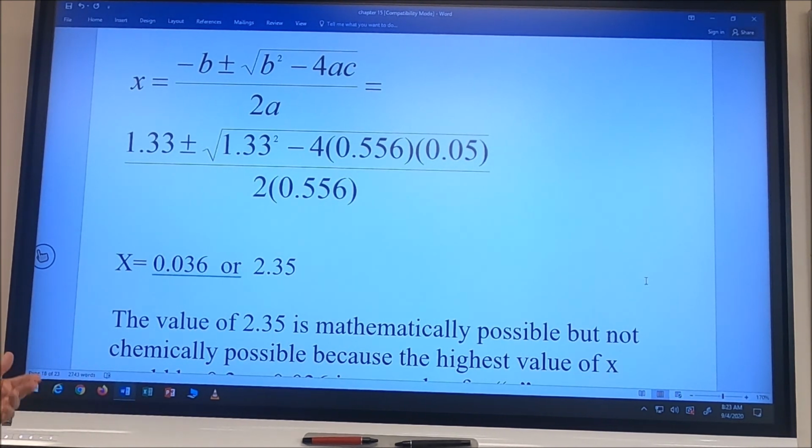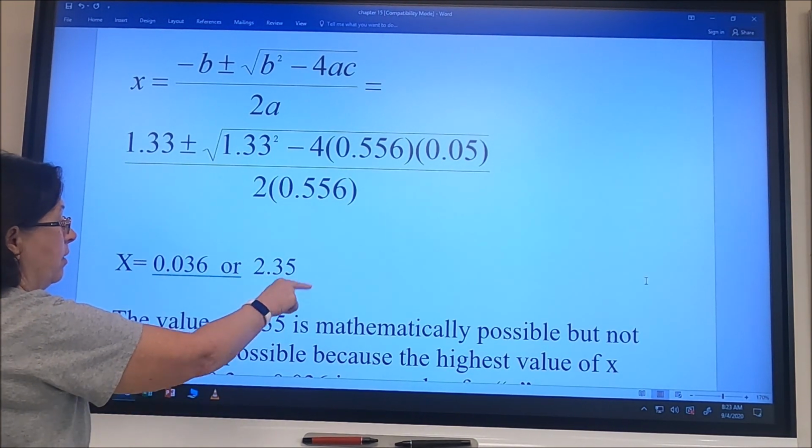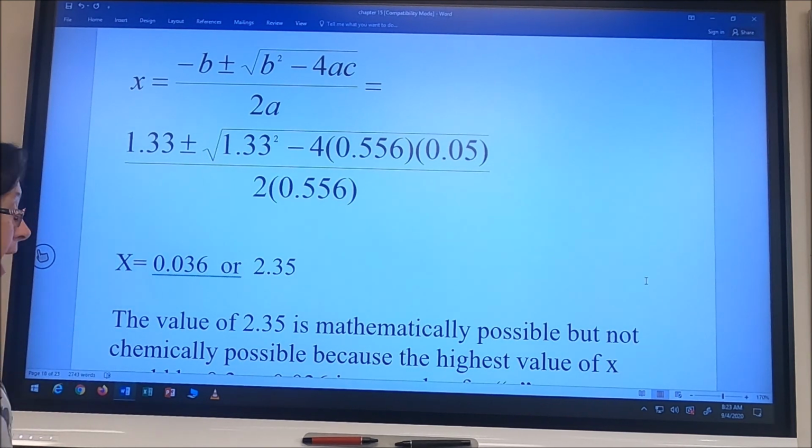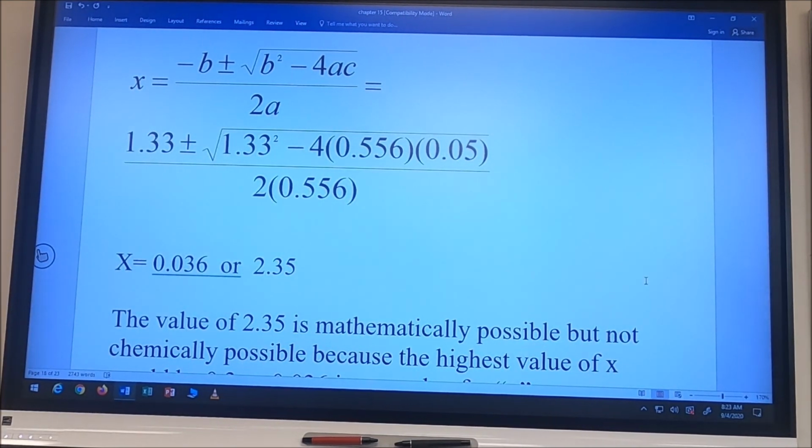Because if I were to subtract that from the initial concentration of the reactant, which was 0.3, I get a negative value. And you can't have negative concentrations. So 2.35 mathematically is valid, chemically is invalid. Okay? So the correct answer here is 0.036.